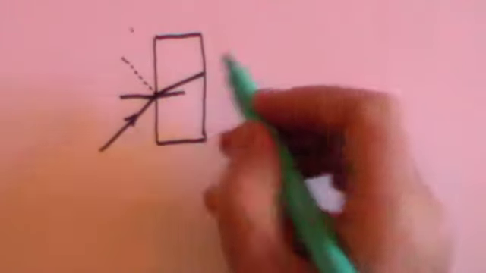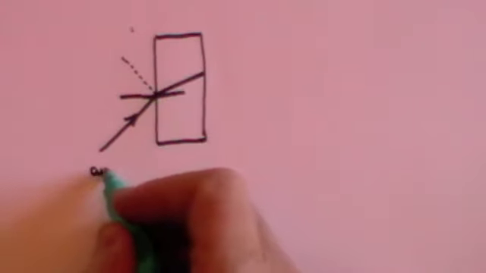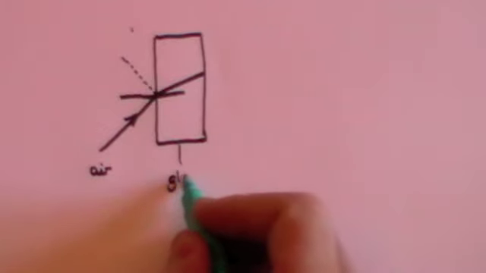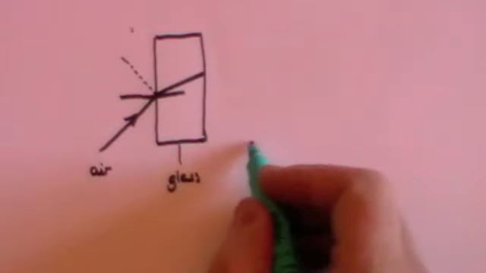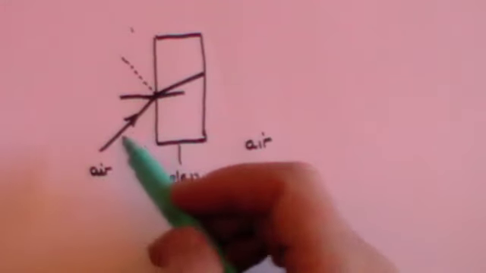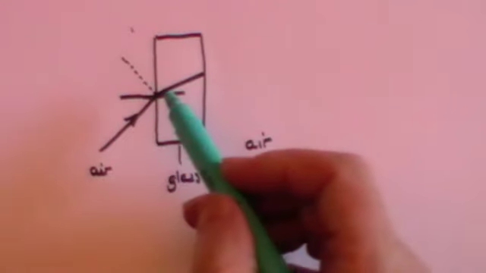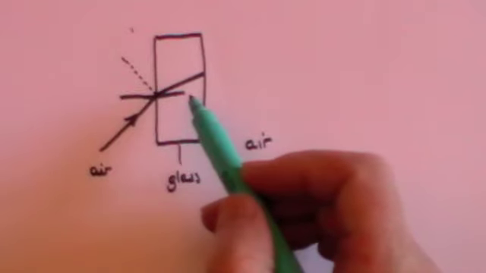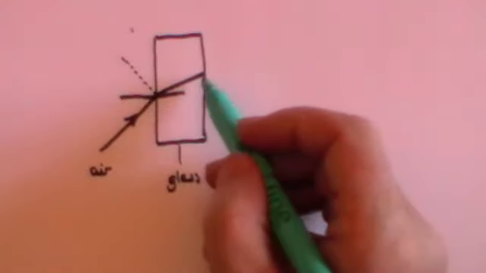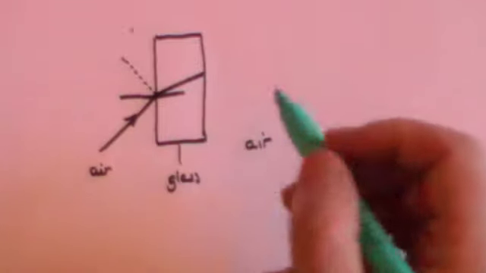And because it's going from a less dense medium, this is the air, this of course is glass, and then on the other side of the glass is air again. Because we're going from less dense to more dense, we bend towards the normal. But what happens when the light gets to the other side of the glass?